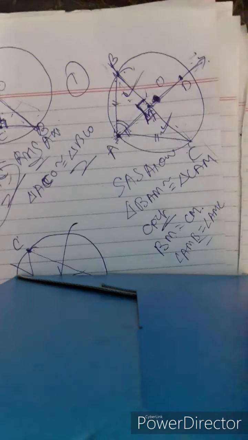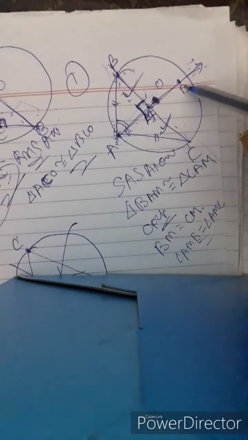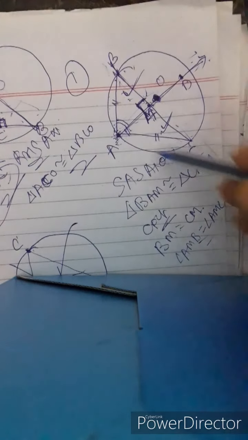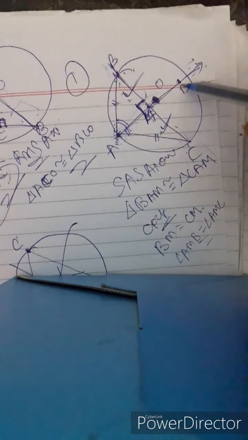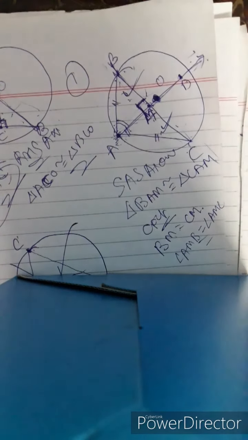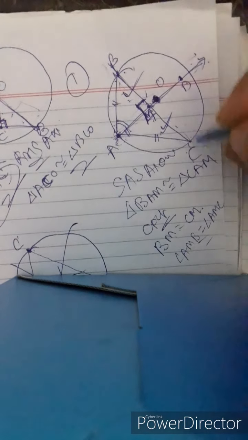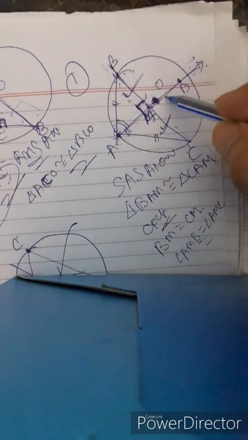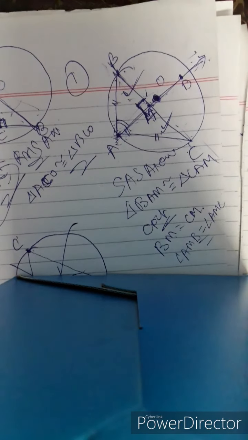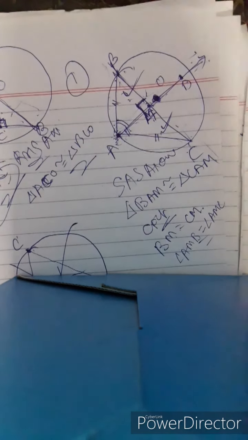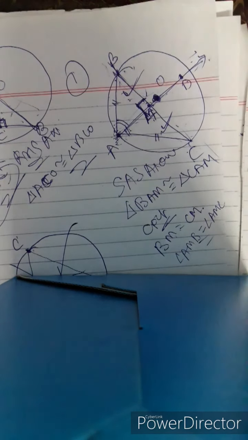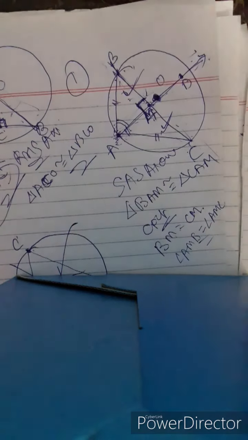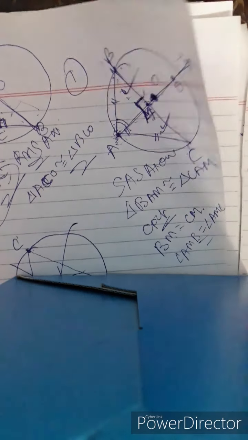Now in earlier theorems we have seen that if a line is bisecting a chord perpendicularly, BC is the chord and AD is the perpendicular bisector to the chord, it automatically should pass through the center of the circle in order to fulfill the requirement of the theorem.